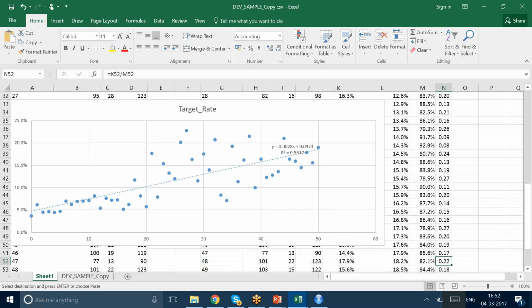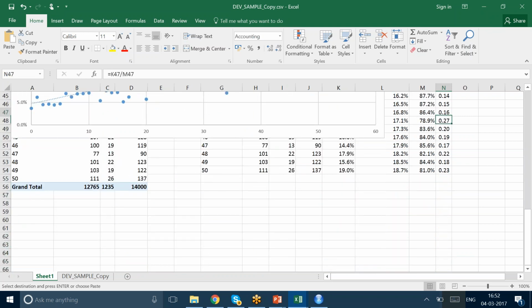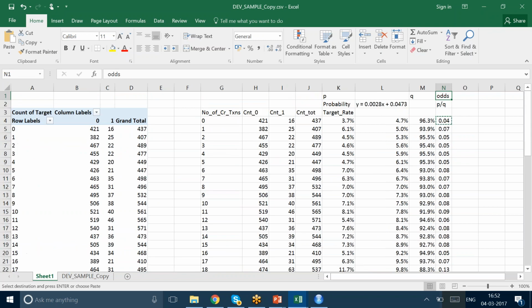This is how the odds keeps changing now. I could have built a model using odds as my y instead of probability directly. The problem with using probability directly when building a linear model is the range is not bounded to 0 and 1.